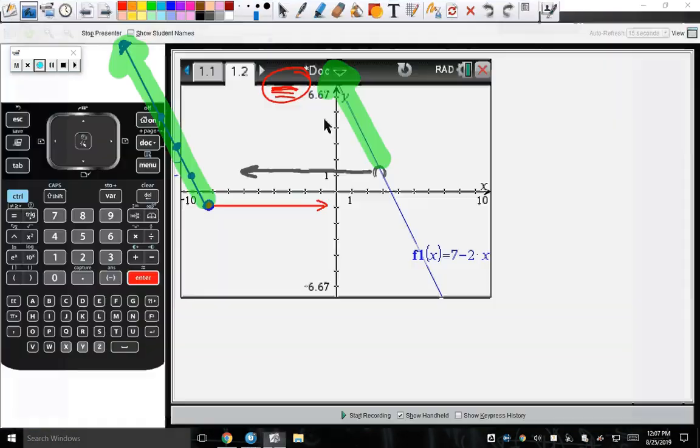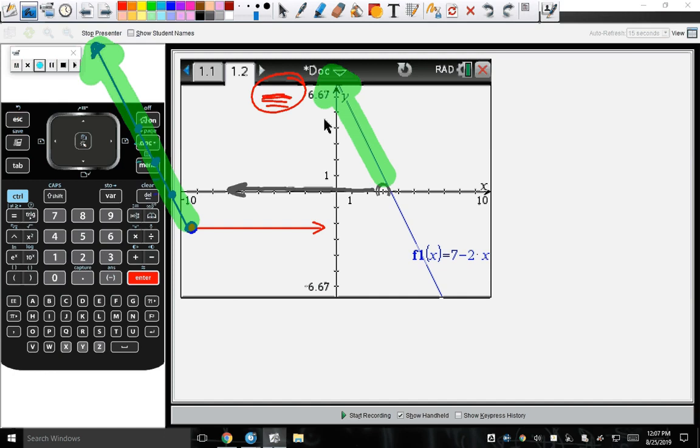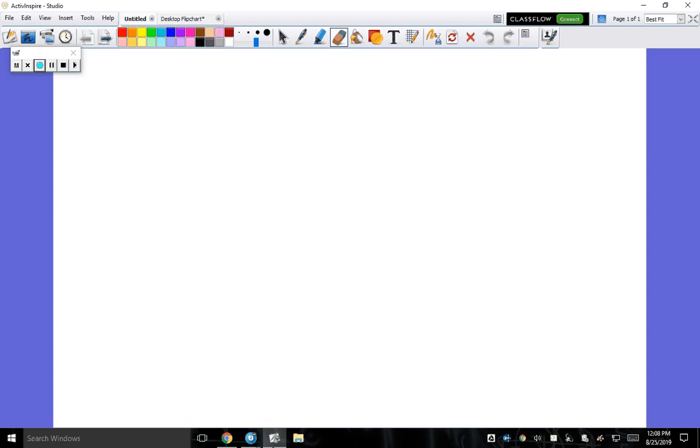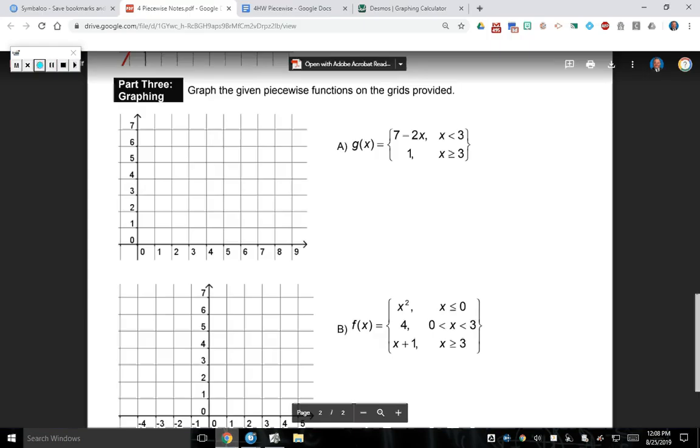Let me go ahead and put in my calculator, I'll press tab, and this is my second function. This is like y2, if you will. So we're going to put 1. And notice this horizontal line at y is equal to 1. But it said we're only going to graph this piece where x is greater than or equal to 3.